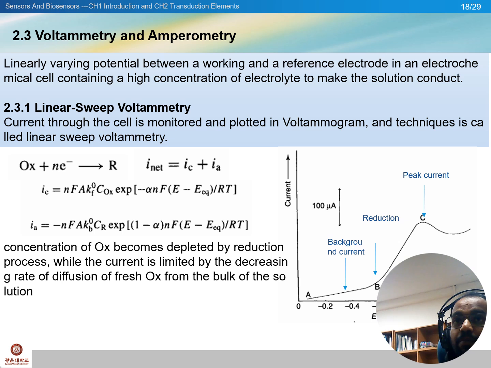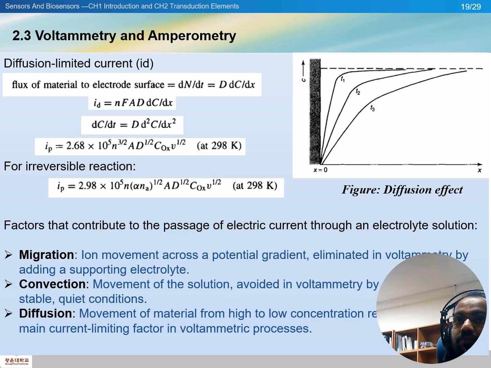Current through the cell is monitored and plotted in a voltammogram, and this technique is called linear sweep voltammetry. In the figure, we can see the graph between EMF and current, and this plotted technique is known as linear sweep voltammetry.